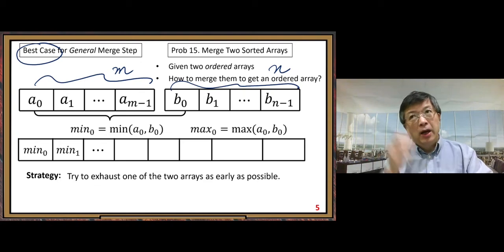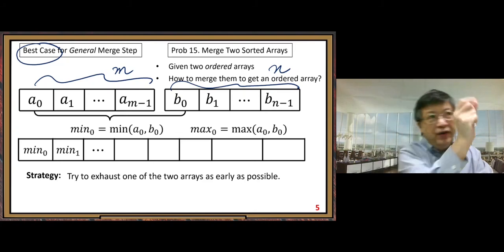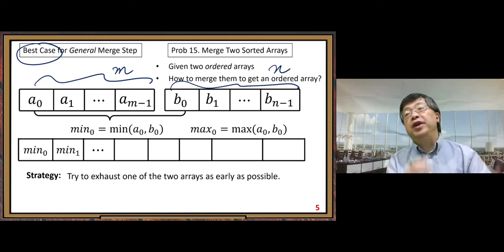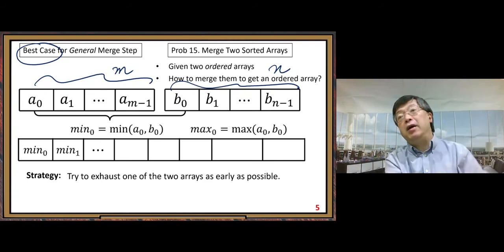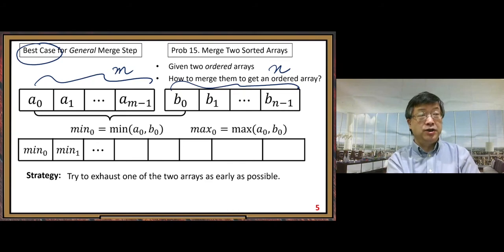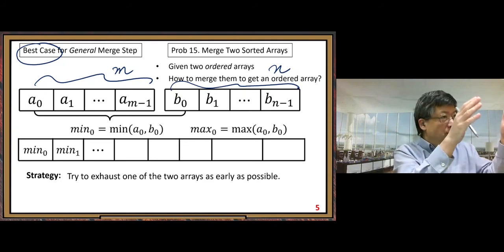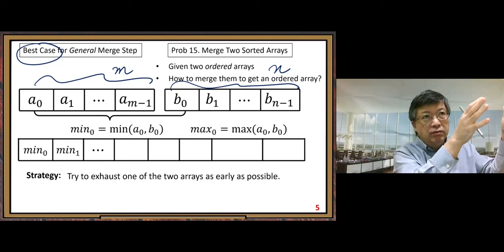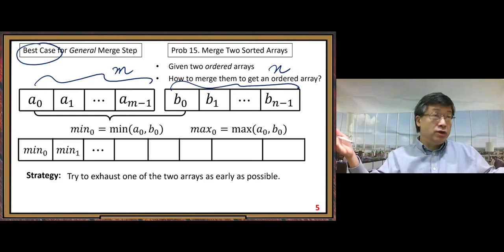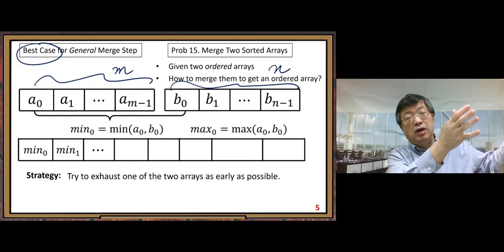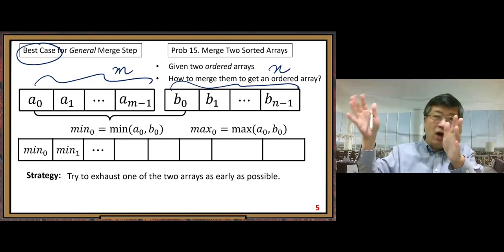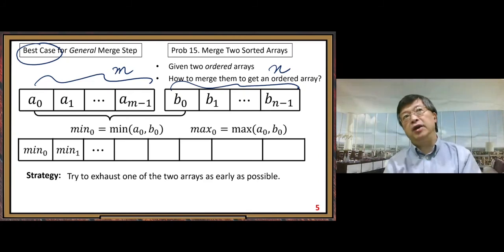Think about it: if one element in one of the subarrays beats all the elements in the other subarray, then we exhaust all the elements in that subarray. That's the meaning of exhausting. One element in one subarray can beat all the elements in the other subarray, then we are done. We exhaust all elements in the other one, so for the remaining elements, we do not need a comparison, we can put them in place directly. That is our observation.